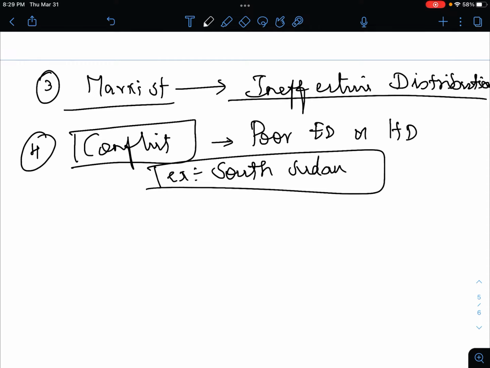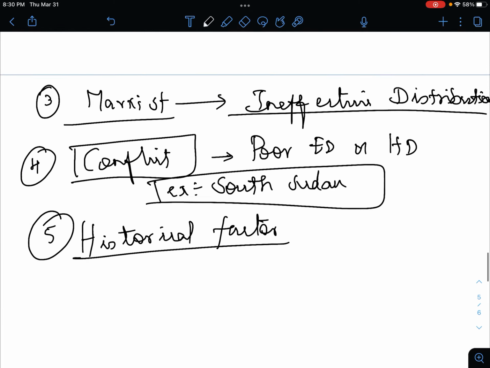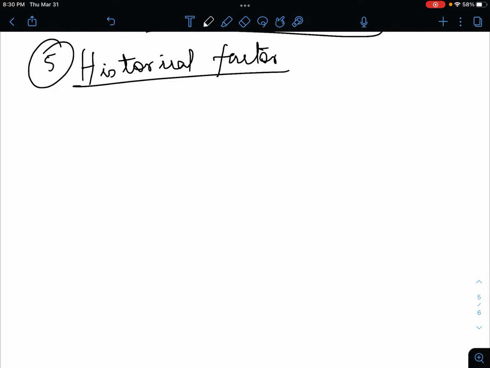Okay, and you can say the historical factors with the colonial legacy which continue to pull down the countries which have not been performing well. Okay, now this is all about the low economic development as well as low human development.